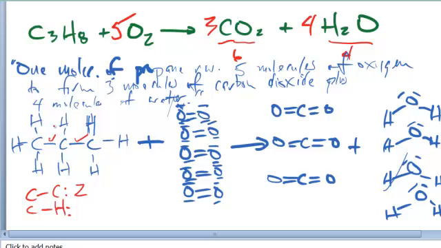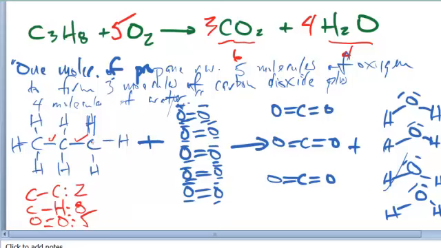And how many of those are there? Well, there are as many carbon-hydrogen single bonds as there are hydrogens, which are 8. So we've got 8 of those. And then we have 5 oxygen-oxygen double bonds, correct? So oxygen-oxygen double bonds, 5 of those.